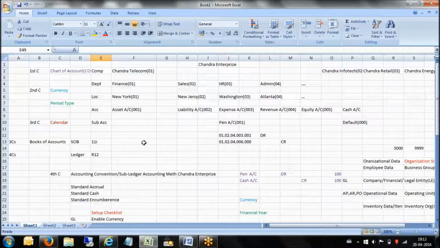In the subledger module only we have those setups. In AR also we have, in AP also we have. It's up to us whether we want to enable or not. If you don't enable, you can't receive or pay in a different currency. If you enable, then you can receive or pay in a different currency other than your functional.